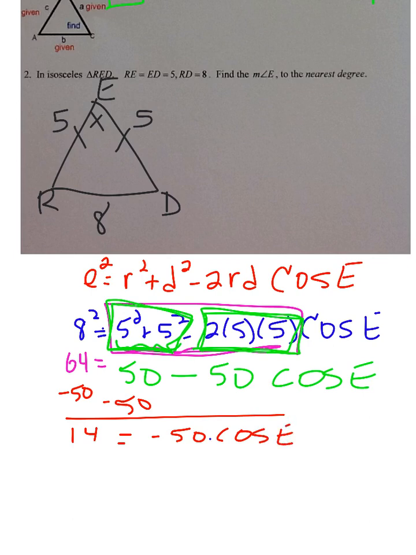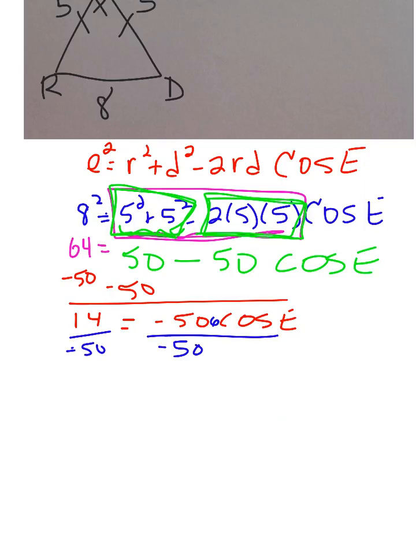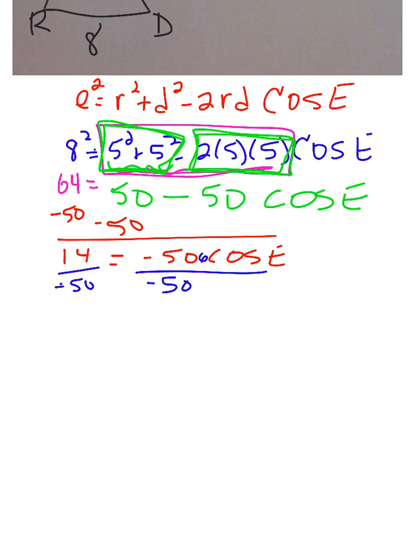So divide both sides because that's times in here. So divide by negative 50. So when I divide both sides by negative 50, I get negative 0.28. If you want to leave it as a fraction, that's fine too.